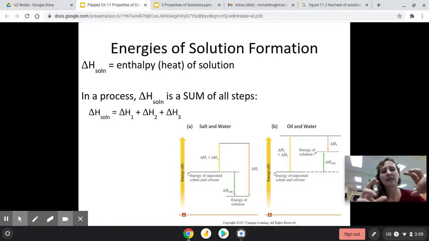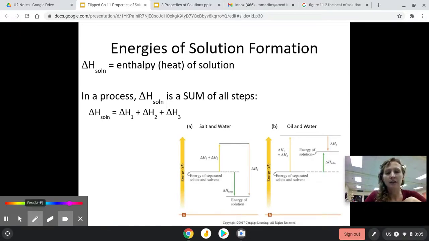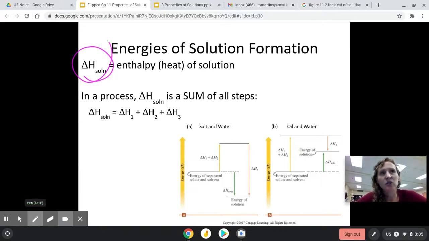And by breaking down these steps, it gives us a clear idea of why some of these processes happen. So a lot of this comes down to this term called enthalpy. And enthalpy, what we can take it to mean for now is heat. So the enthalpy of formation would be the changes in heat as a reaction is proceeding forward.